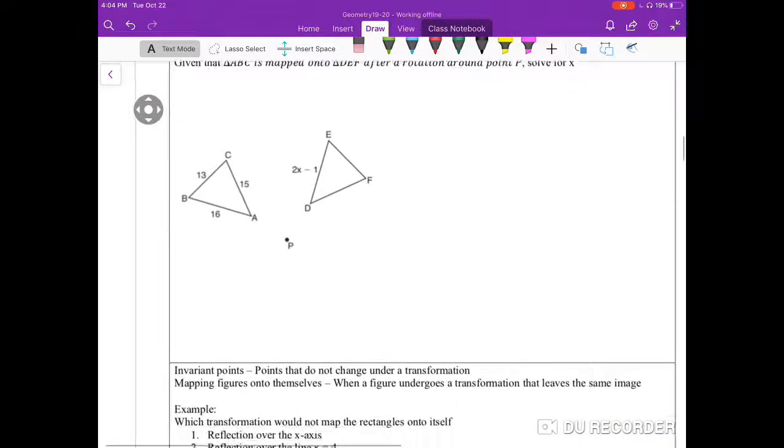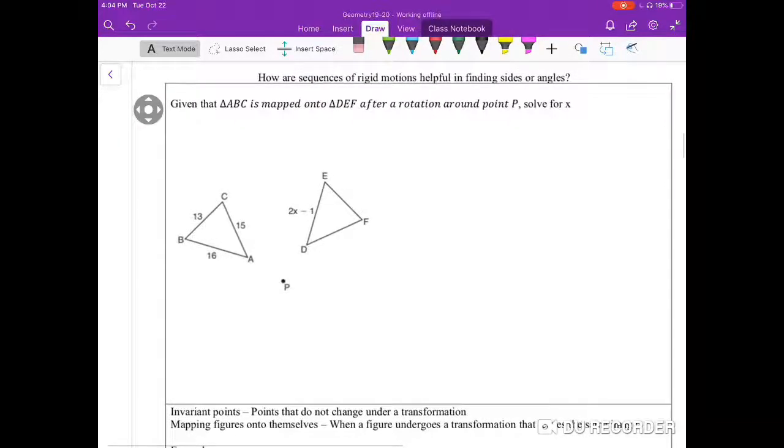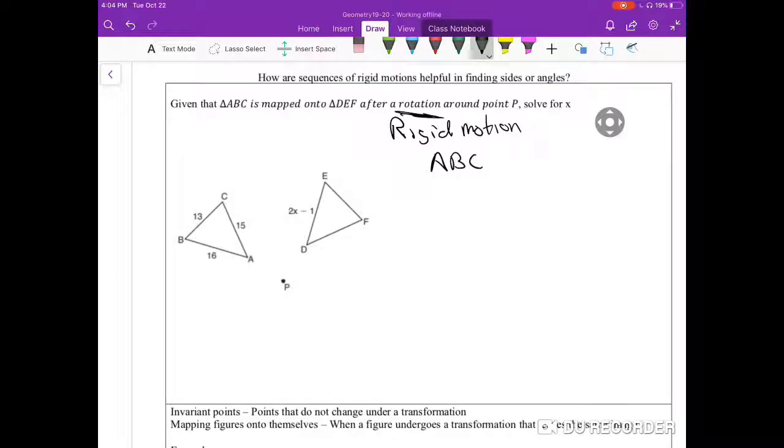This is more like what you're going to see on your test or your Regents exam. All right, given that triangle ABC is mapped onto DEF after a rotation around point P, solve for X. Well, two things going on here. One, rotation. So we know that it's a rigid motion, and since it's a rigid motion, okay, we know that triangle ABC is congruent to triangle DEF.